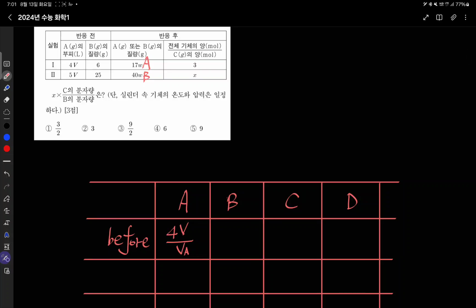And the amount of gas B in mole is 6 grams divided by molecular weight of B.